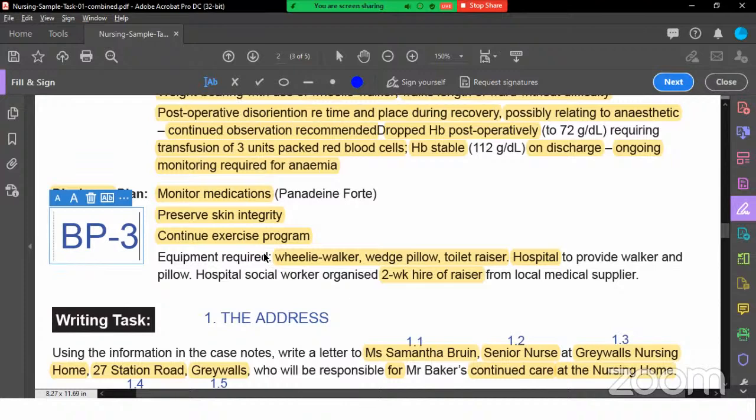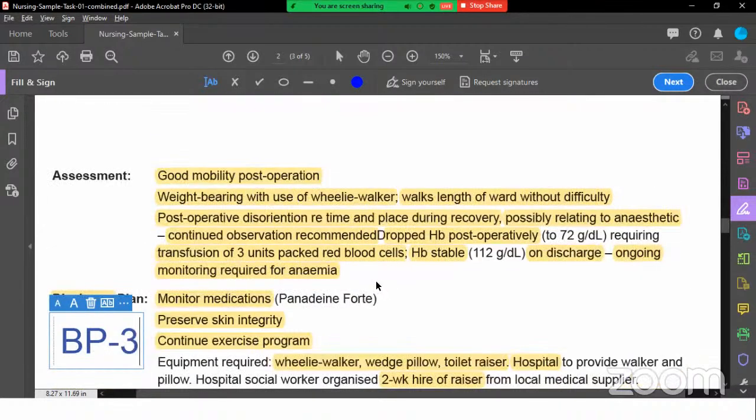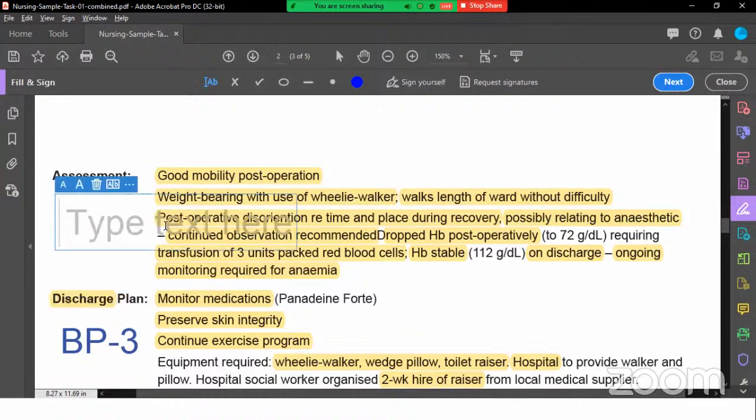All these things will go into body paragraph 3. Then here, assessment. Post-operatively. We can group this into body paragraph 2.